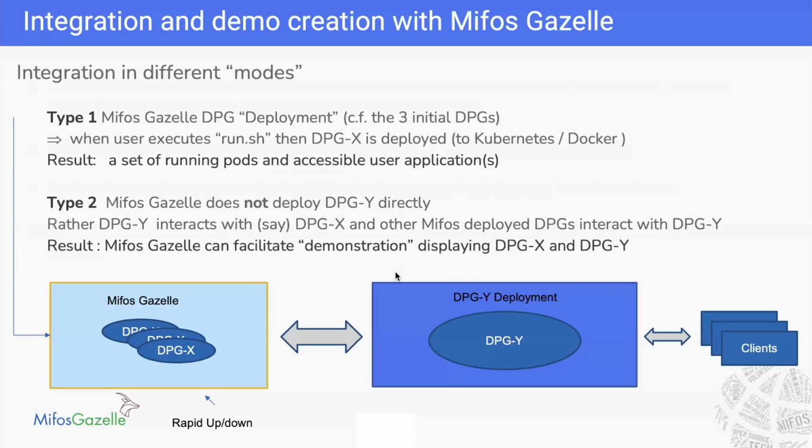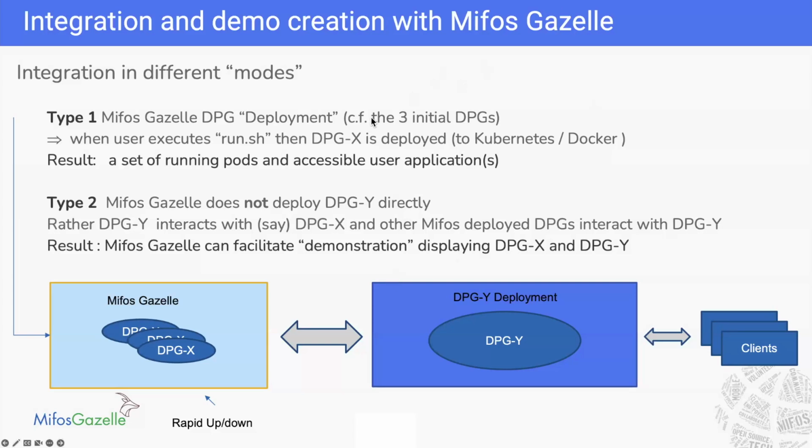And I think the opportunities, and there are more than this, but I think there's two main types. One is type 1, which I've just shown you, which is you run the run.sh and the digital public goods are deployed. So it's a deployer.